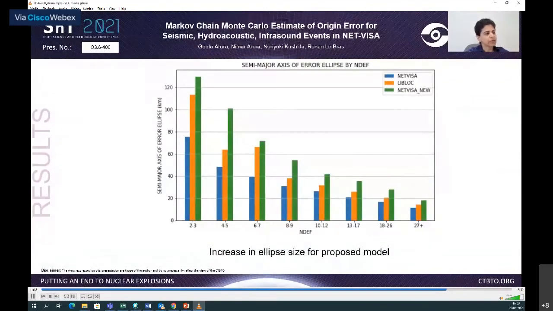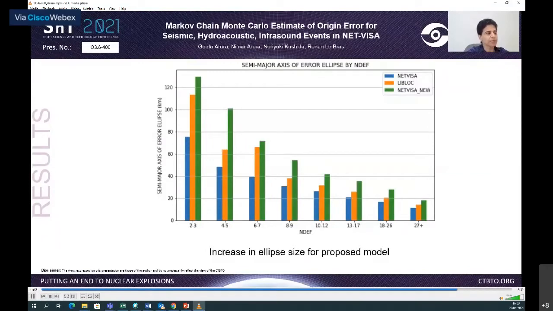To get more ground truth events inside the error ellipse, the ellipse size does go up, as you can see here. For example, for NDEF equal to 2 to 3, the orange bar shows the semi-major axis for LibLock, which is approximately 115 kilometers. Remember, it only had 25% of the points within the error ellipse.